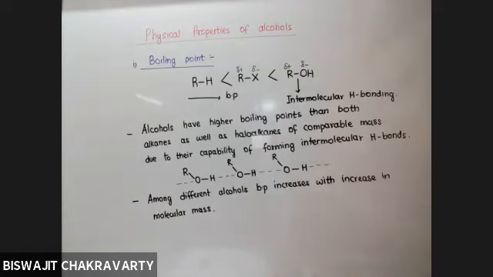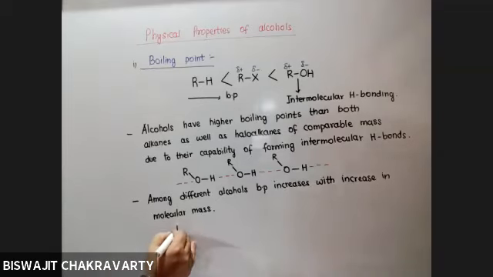So molecular mass is the second factor. If all are alcohols, of course, you cannot compare them on the basis of intermolecular H bond because all can show intermolecular H bond. But here, you'll have to decide on the basis of molecular mass.